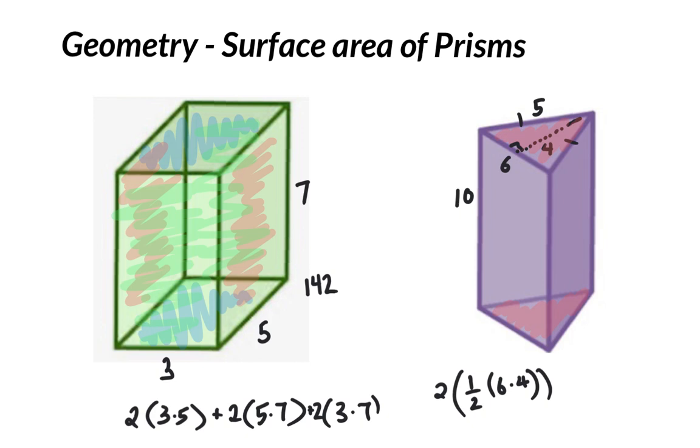Now you'll notice I also have 3 vertical sides that are all rectangles. So if I were to think about this side right here, just that rectangle, you'll see it's 10 by 6. There's only one side like that. Plus a 10 times 6 side, plus.